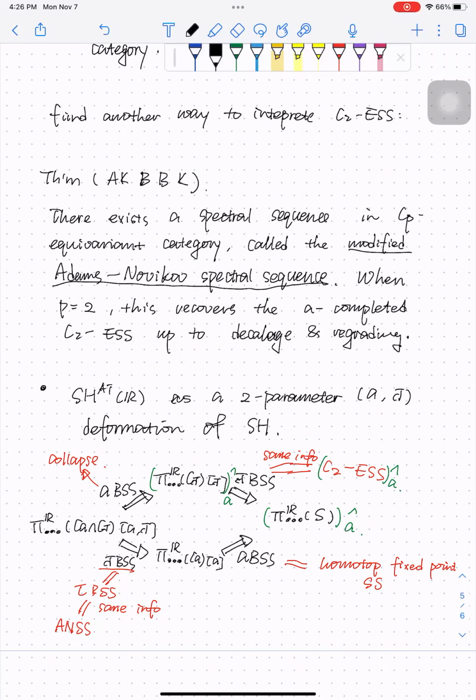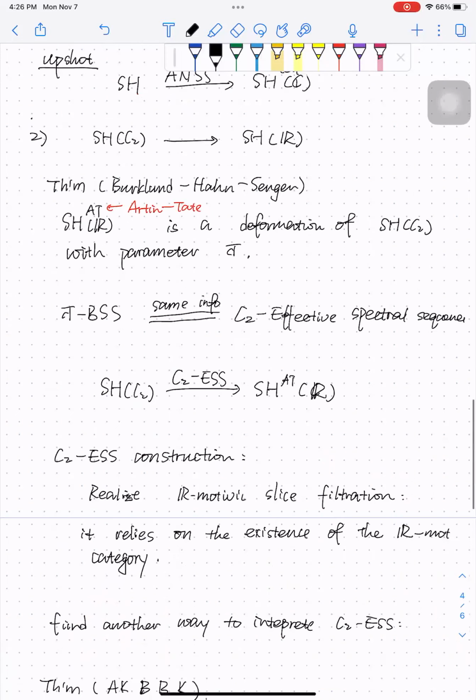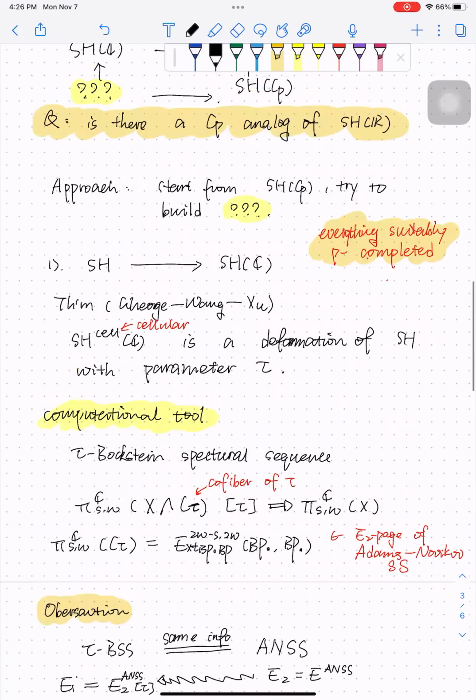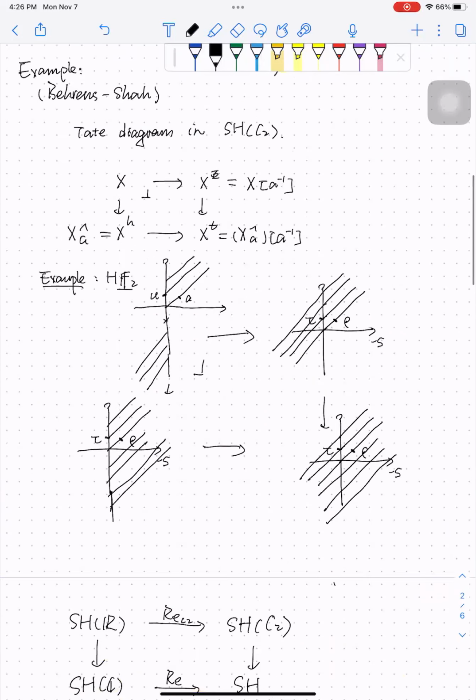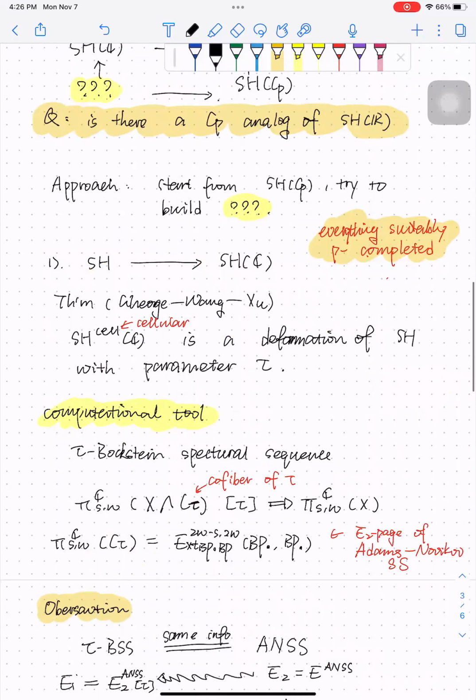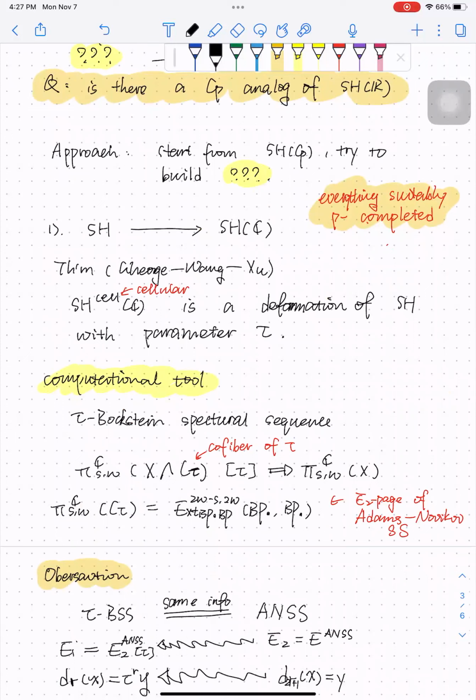Right. For example, in these two theorems, the Gheorghe-Wang-Xu theorem and the Burklund-Hahn-Senger theorem, I only state part of their result. In the classical versus C-motivic case, this deformation has another property: if you take tau to be 0, so you look at the special fiber, then that is some algebraic category.